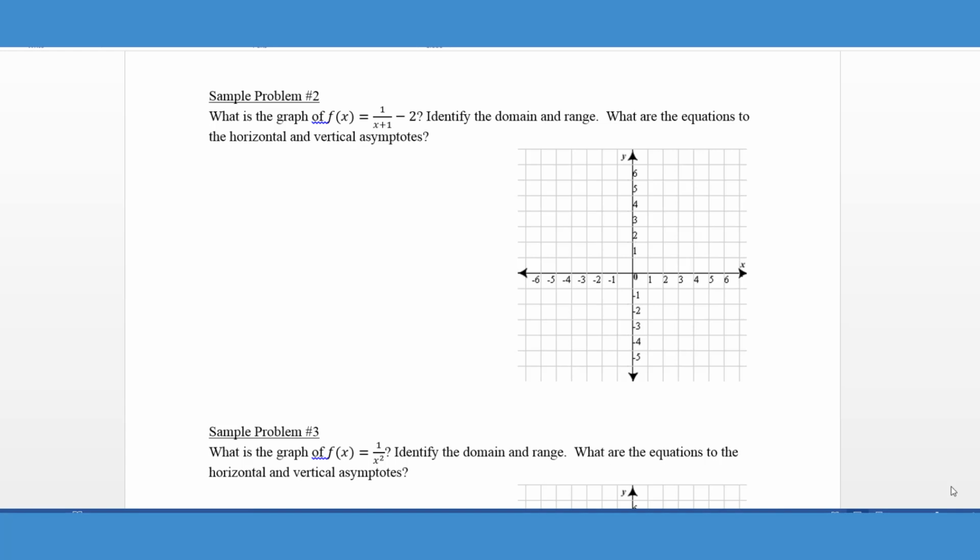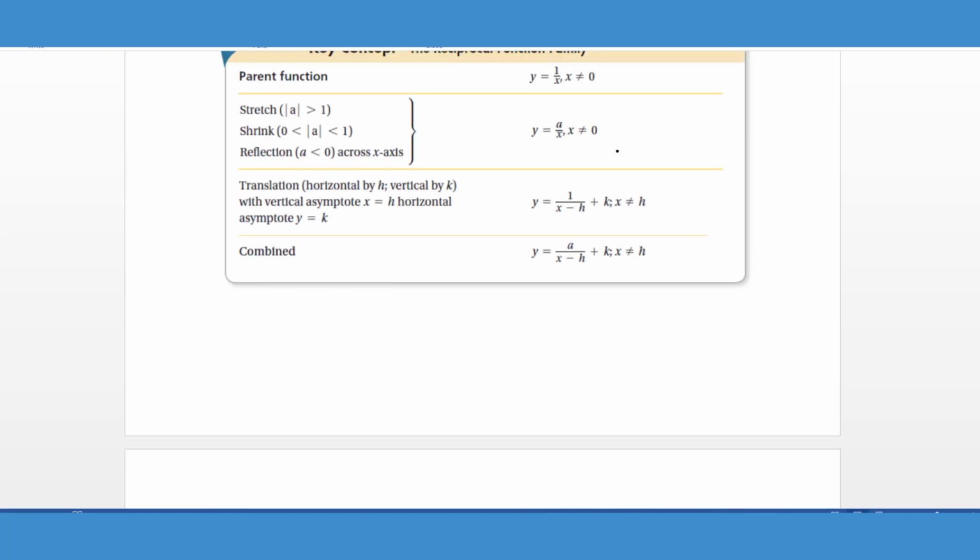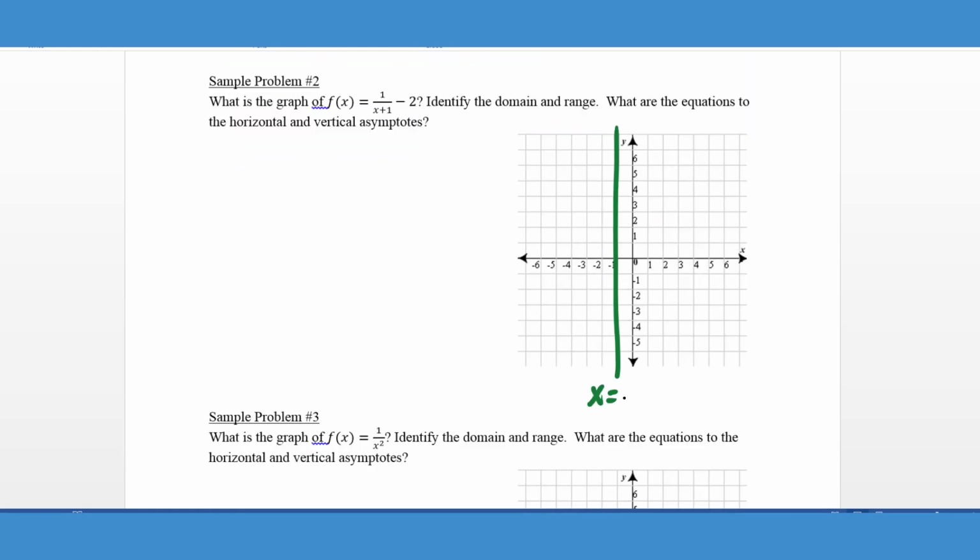Well, that is going to tell us what our asymptote is. So basically what we're looking at here is an asymptote of x minus 1. So we have x equals negative 1 as one asymptote, and then we have y equals negative 2. The k is a negative 2, so the y equals negative 2 is going to be our other asymptote.